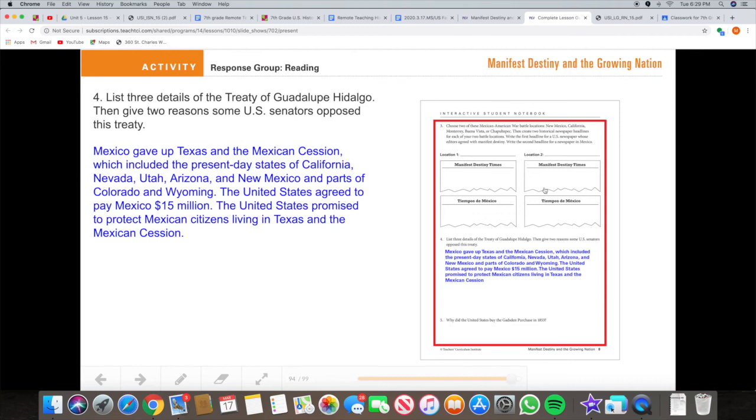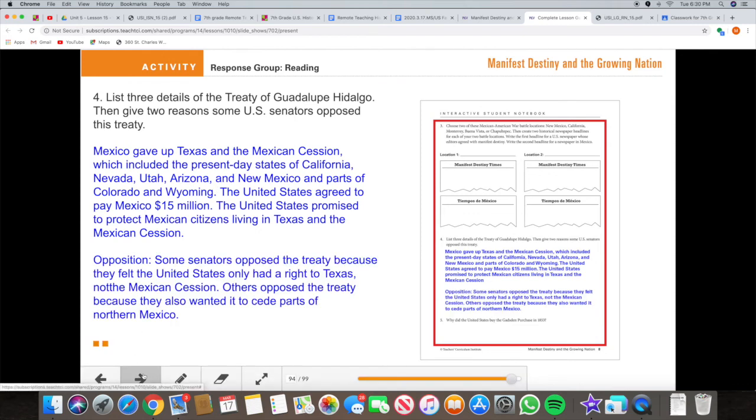For number four, Mexico gave up Texas and the Mexican cession, which included the present-day states of California, Nevada, Utah, Arizona, and New Mexico, and parts of Colorado and Wyoming. The United States agreed to pay Mexico $15 million. The United States promised to protect Mexican citizens living in Texas and the Mexican cession. Opposition.